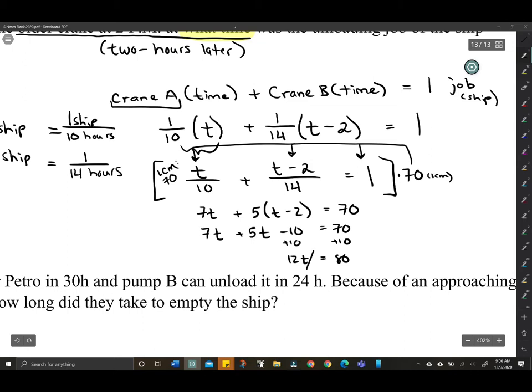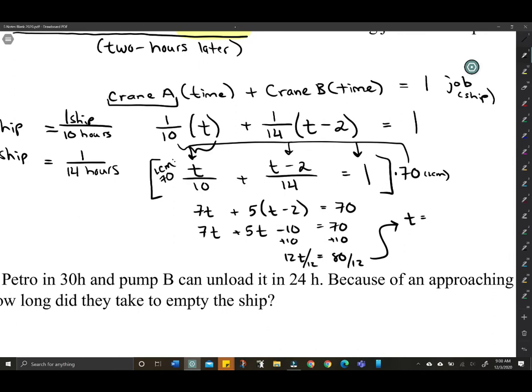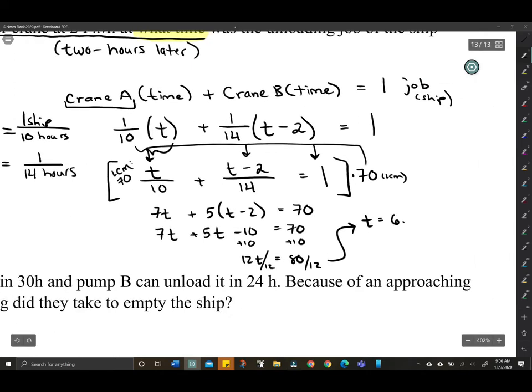And the time that this was completed in is 80 divided by 12, or 6.6 repeated hours. And I would accept that, but you guys are honors kids. We don't really think of 6 repeated in terms of time. So that's also 2/3 of an hour.